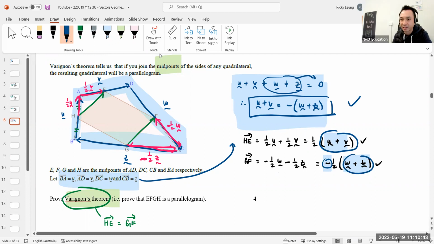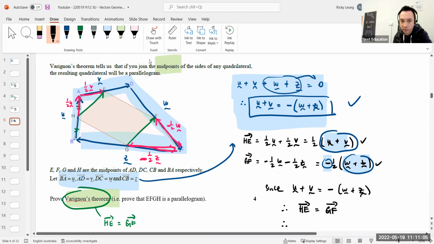That is the actual key to unlocking these two. So since U plus V equals negative W plus Z, therefore HE equals GF.